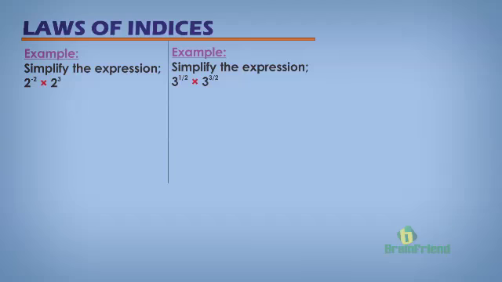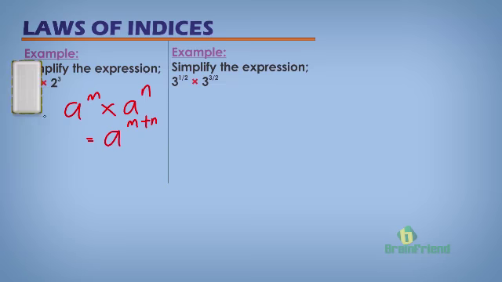Let's go on. We said earlier that any quantity A raised to a power m multiplied by another quantity A of the same base raised to the power n would give us our base A and our powers added up together. If we were to use this law for this question, how would we go about this? Now quickly notice our bases, 2 and 2, they are the same.